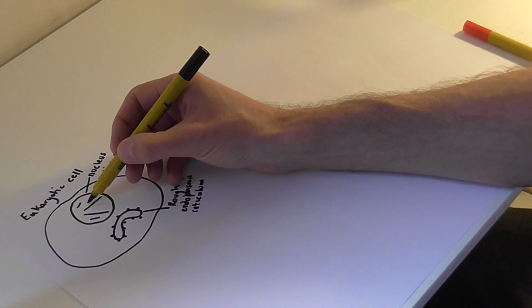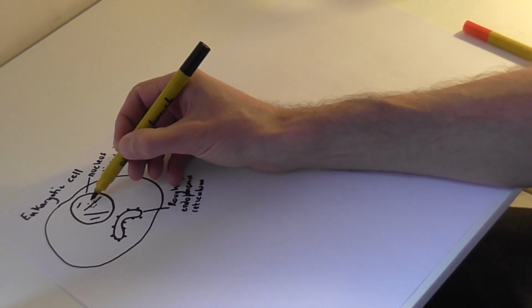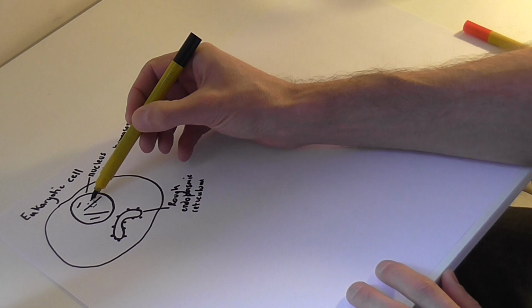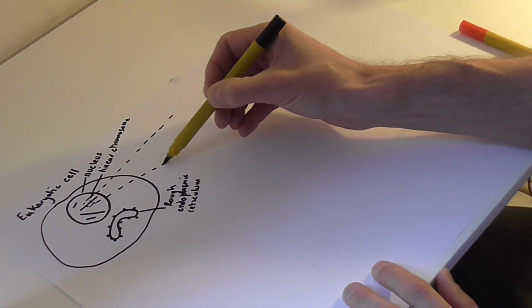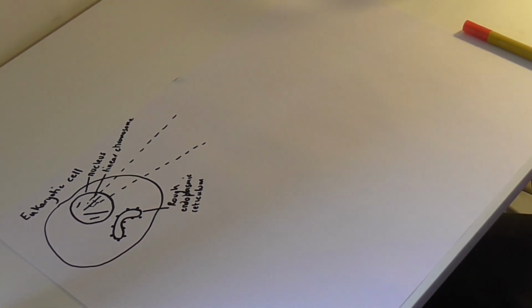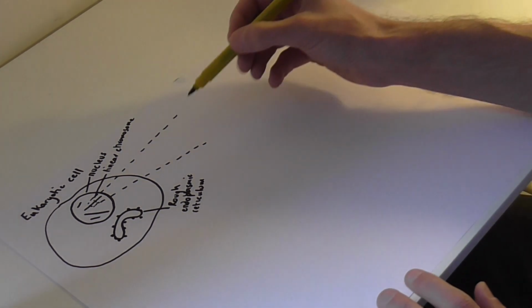So if we zoomed in and had a look at a chromosome as an example, and we're going to ignore the histones and just look at the DNA molecule itself.